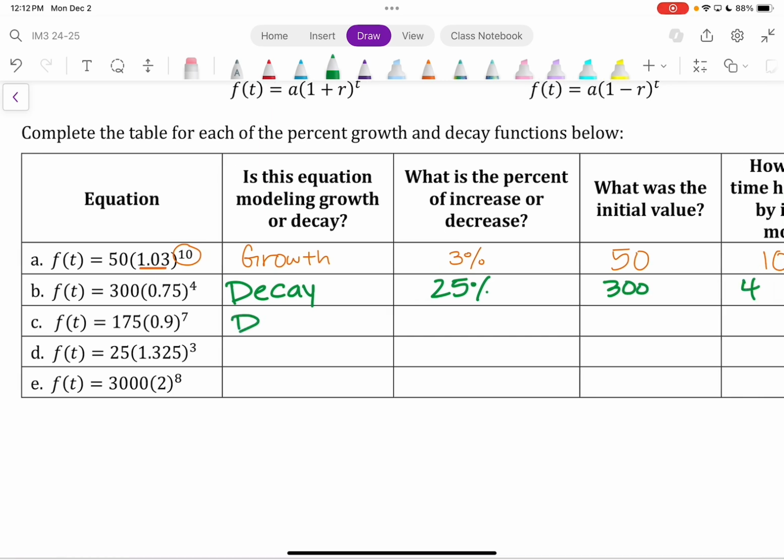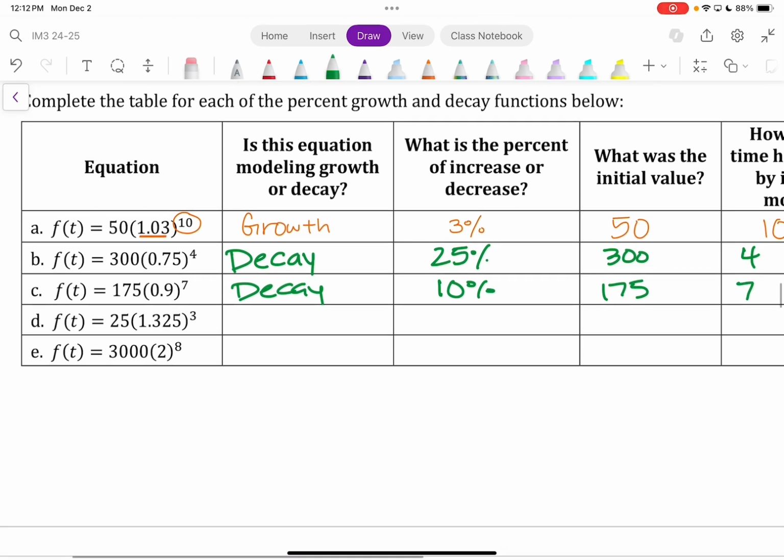Next, we have decay again. This time we went down by 10%. The initial value is 175 and 7 of whatever time intervals have gone by. Next one is growth. Since the number in parentheses is greater than 1, it's actually a growth of 32.5%.